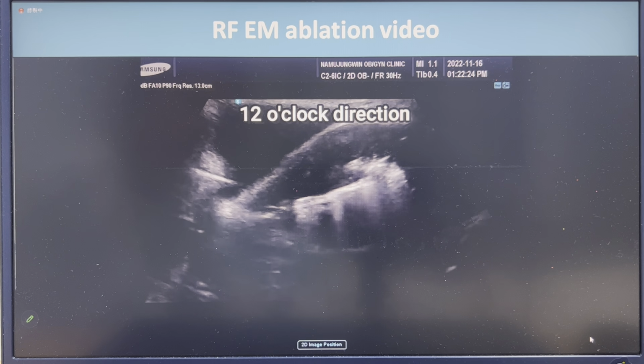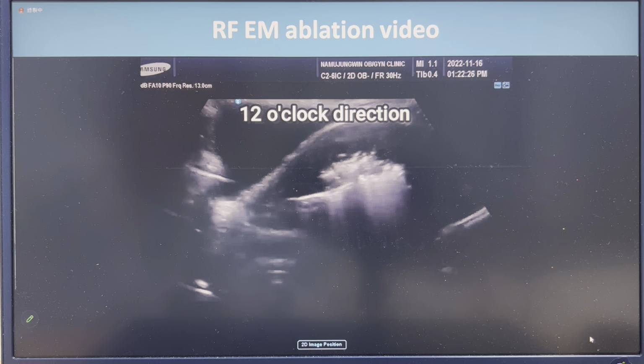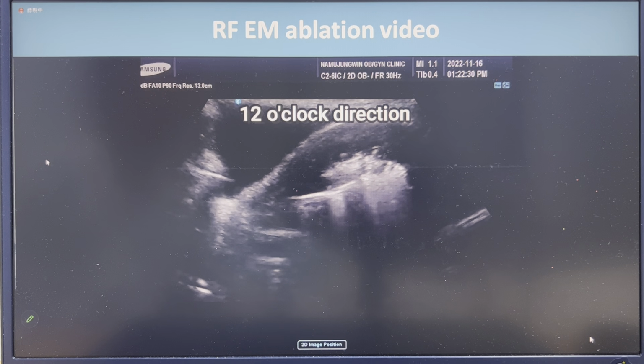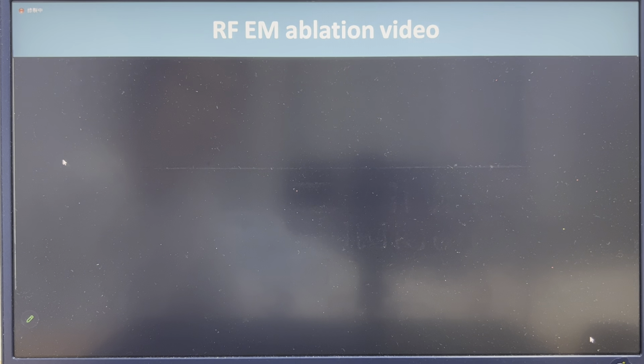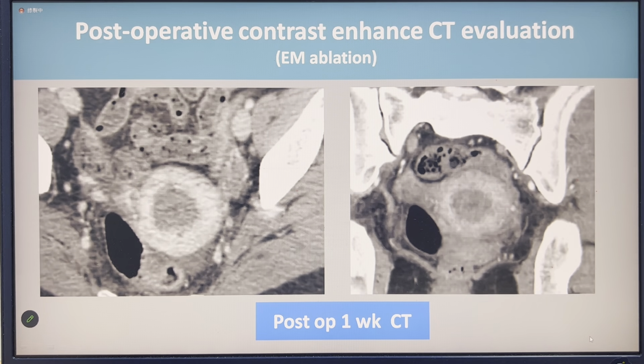Check if the ablation is sufficient and complete the procedure. So we confirmed complete ablation around the endometrium with a CT scan 1 week after surgery.